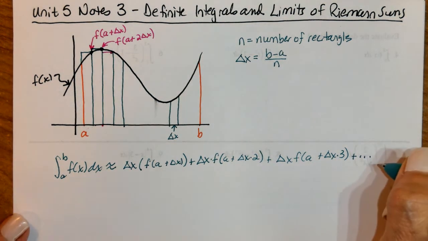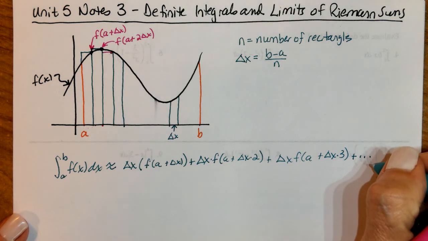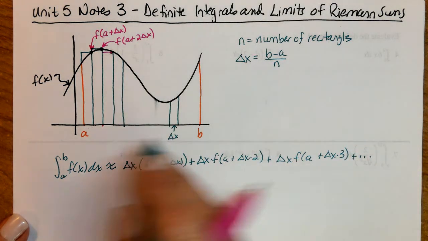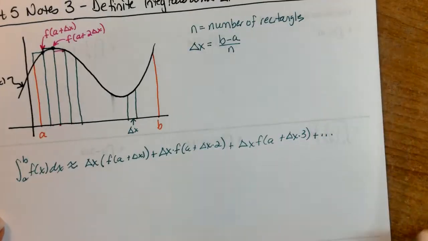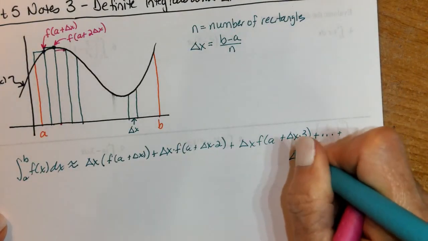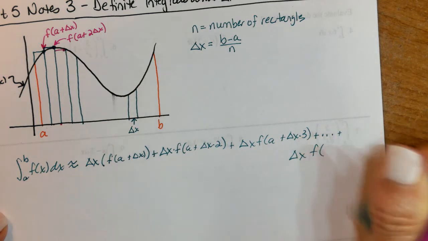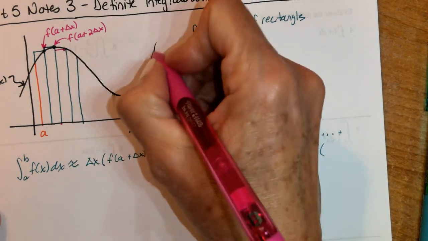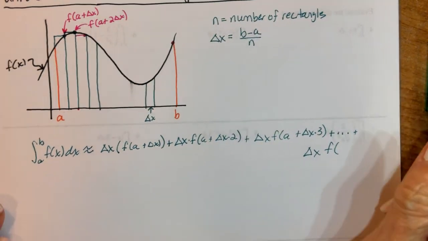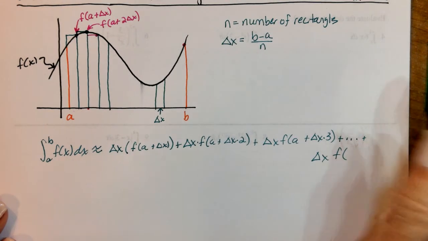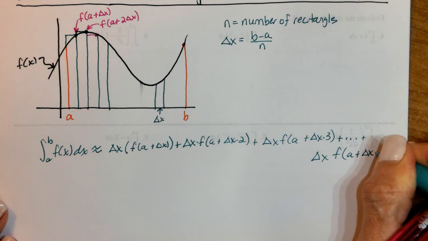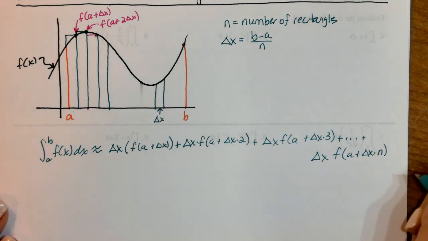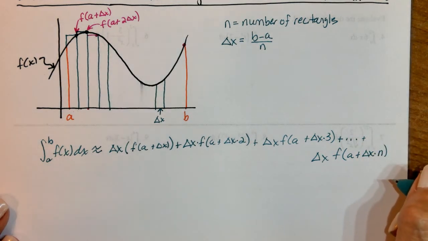To the very last rectangle, right? The very last rectangle would be delta x times f of, our very last x value would be b, right? That would be b, which is also a plus delta x times n, our number of rectangles, correct?